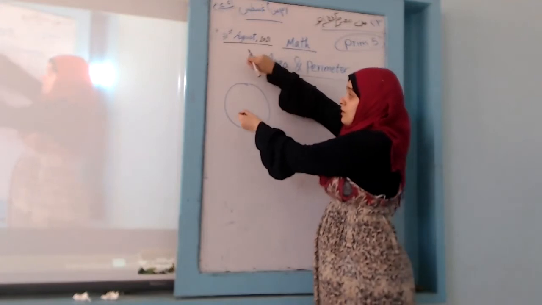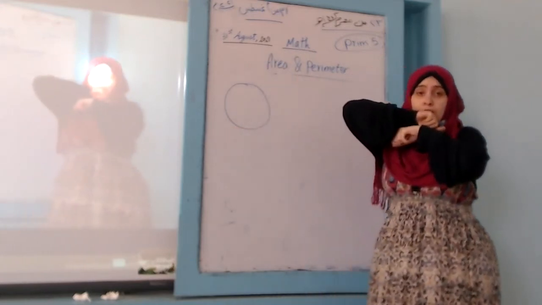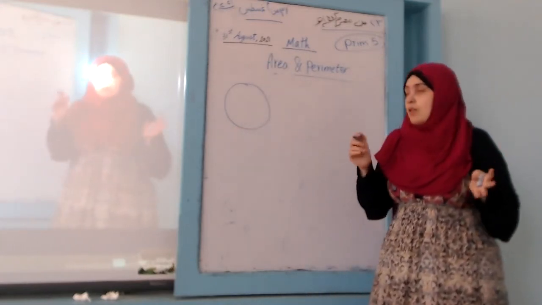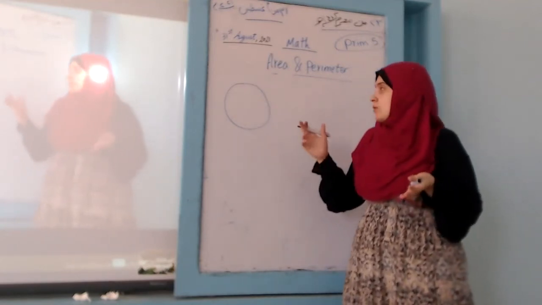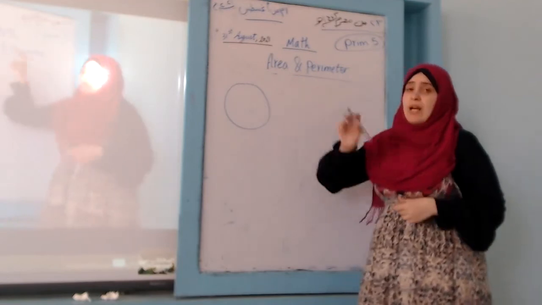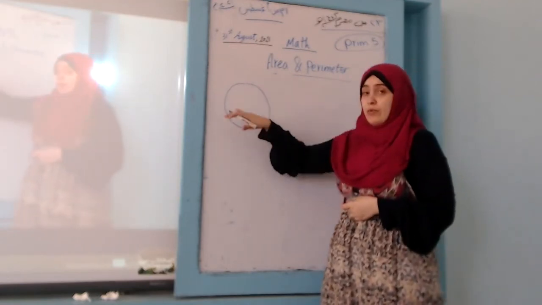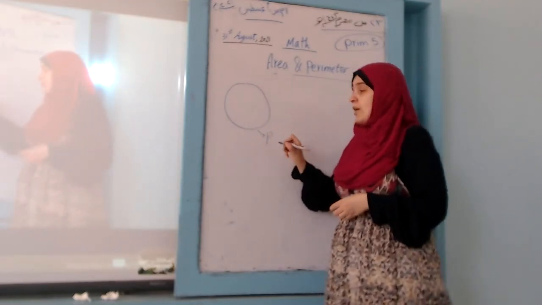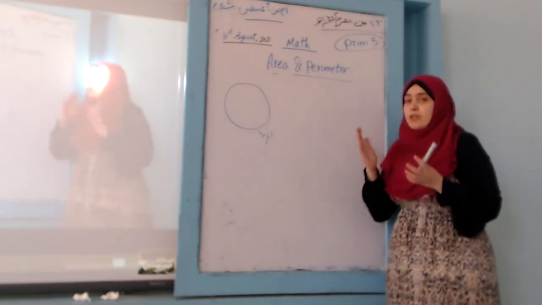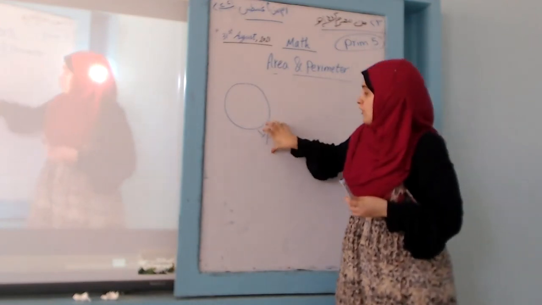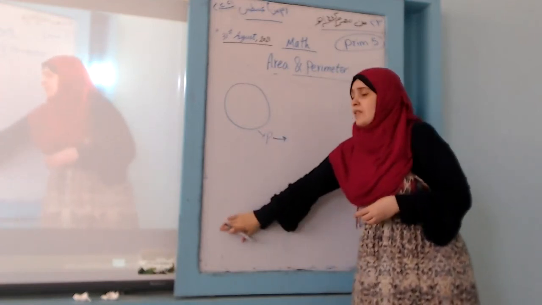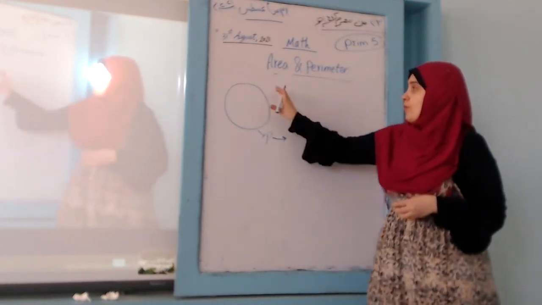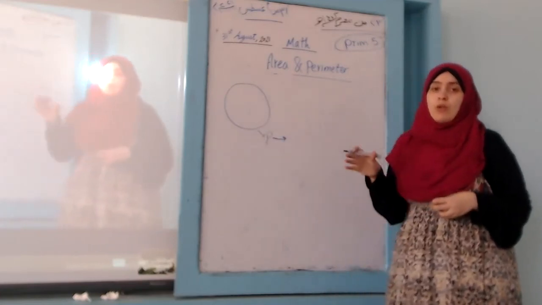I can't measure the line with my ruler because it's curved, so I need a new tool to get the length of the outline. The outline of the circle is called perimeter, but because it's curved, I will call it circumference.